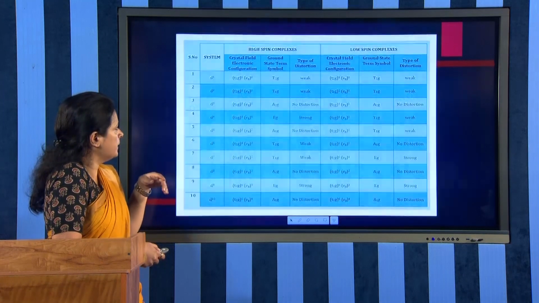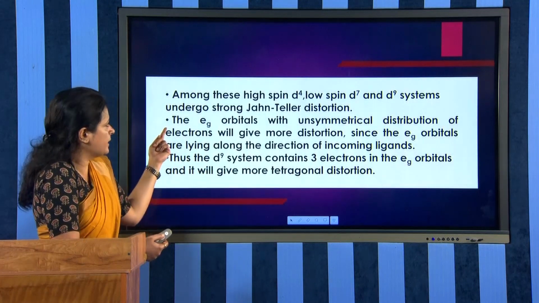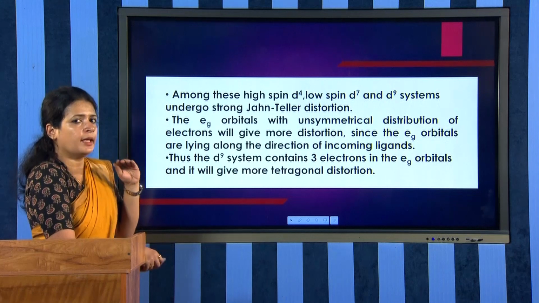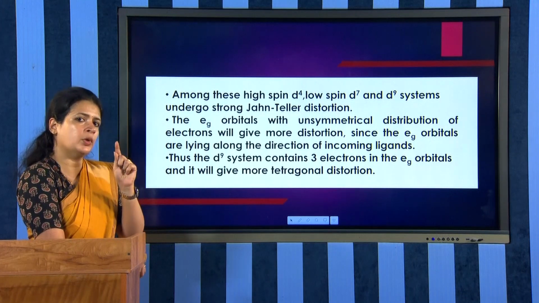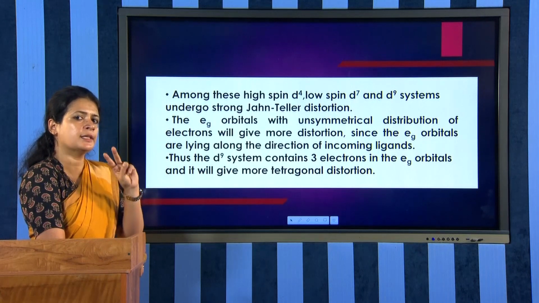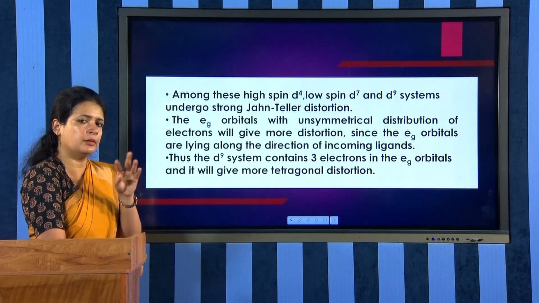That is seen here. That is, eg orbitals with the unsymmetrical distribution. A single electron in eg means there is an unsymmetrical electronic arrangement.